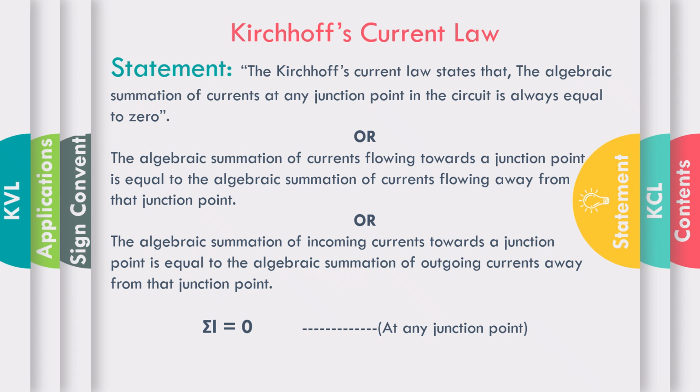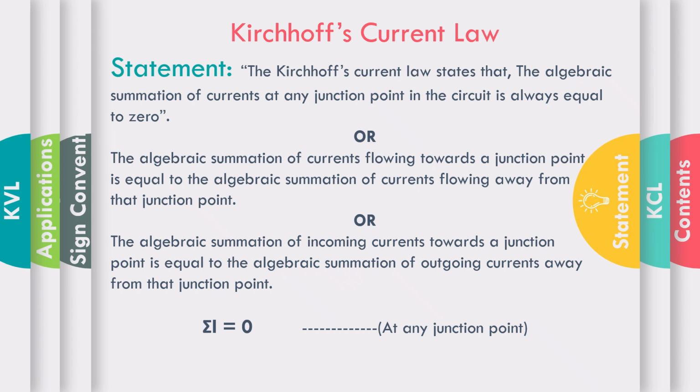That means addition of currents away from the junction point is equal to addition of currents towards the junction point, which is nothing but our KCL.